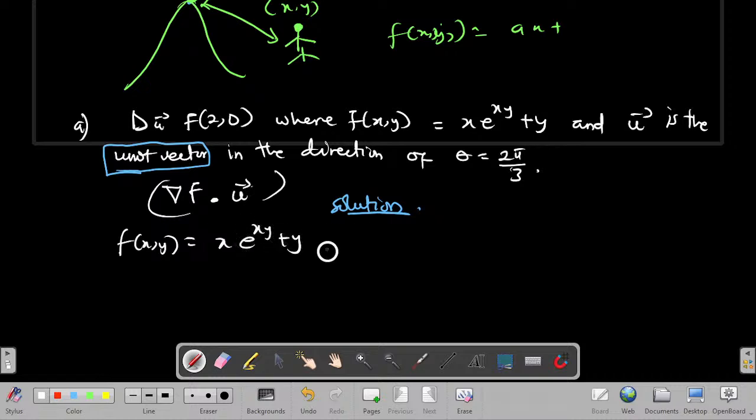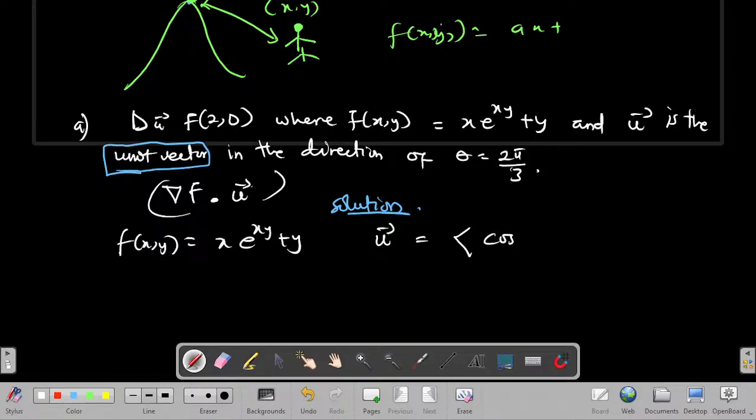Once you have your function down, you move to your u. Our u is a vector, so don't forget your angle brackets. It's saying that it's a unit vector in the direction of this angle. Whenever they give you theta and you want to find the respective components, you use cosine and sine. Since it is a unit vector, we don't have any r. Remember from algebra.